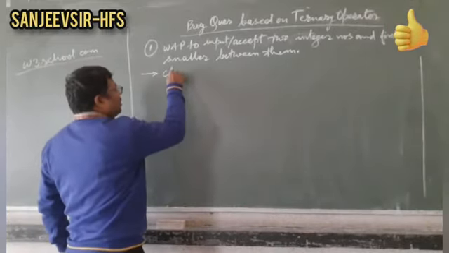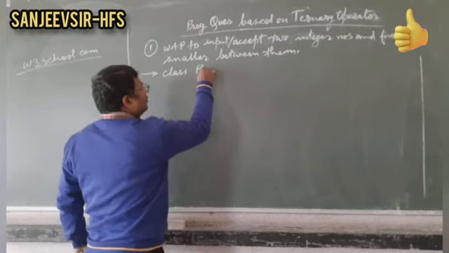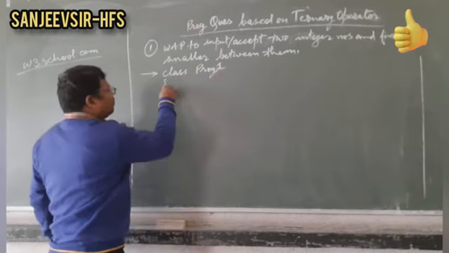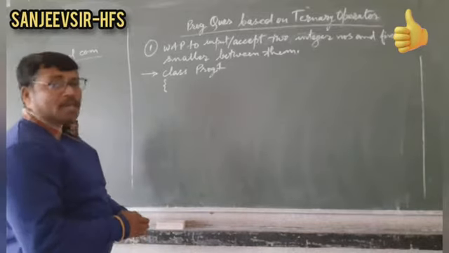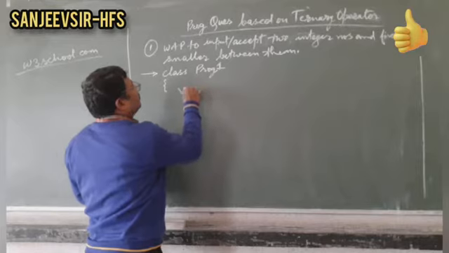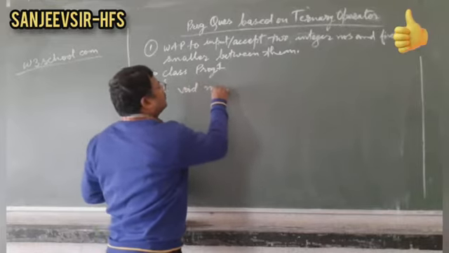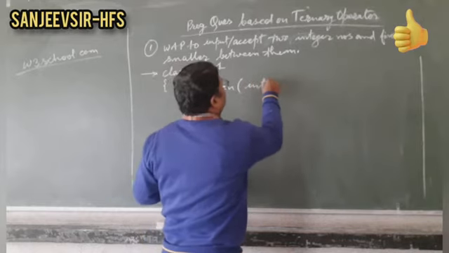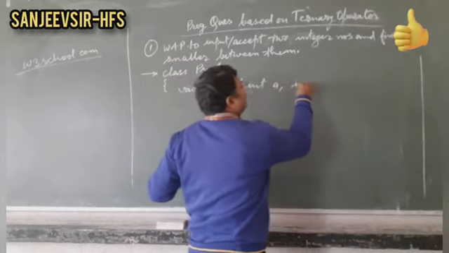We will write here the class Program1 without space. The body we will start. In main we will accept two values like that: void main, and two integer values, int a, int b.